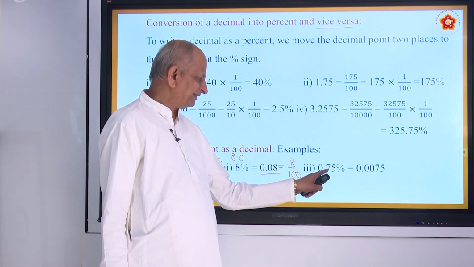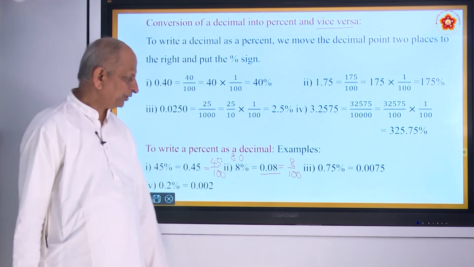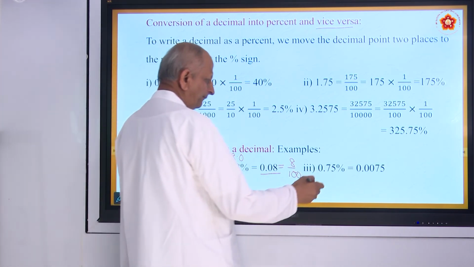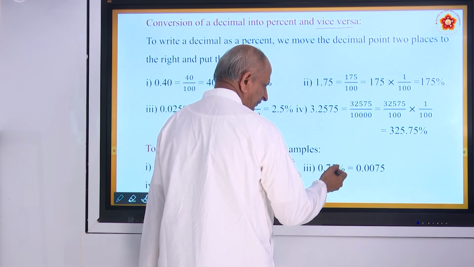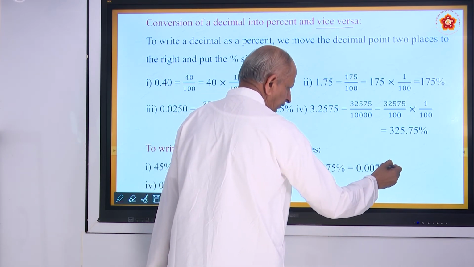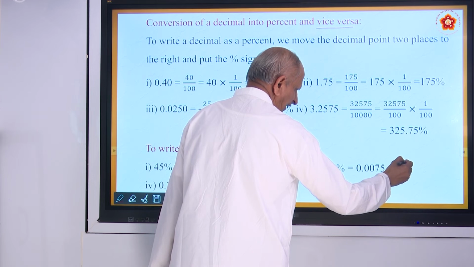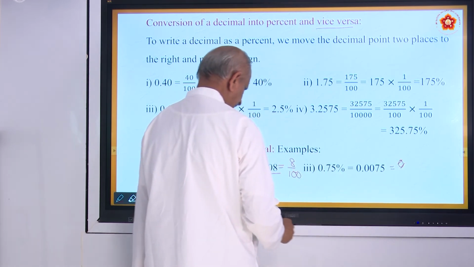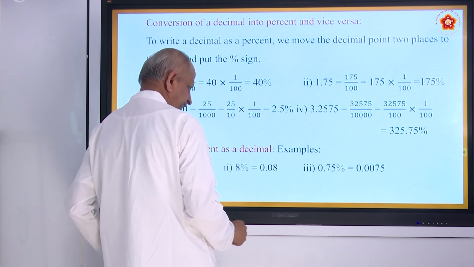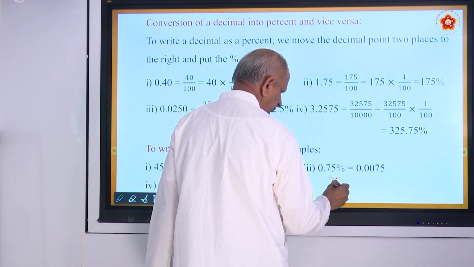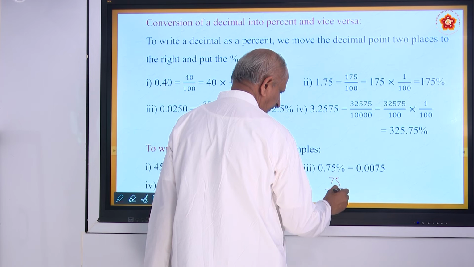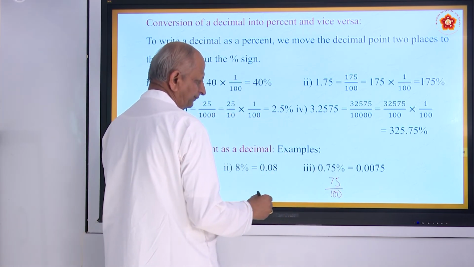Similarly, 0.75%. How to write in decimal form? So, 0.75 is there. You have to divide again by 100. So, that is nothing but 75 by 100. This is a fraction form.